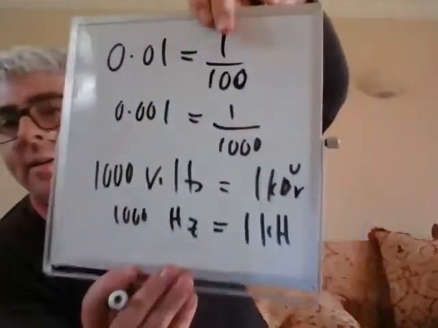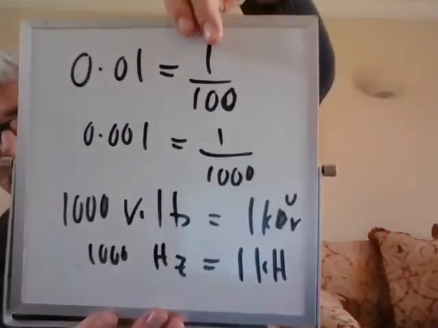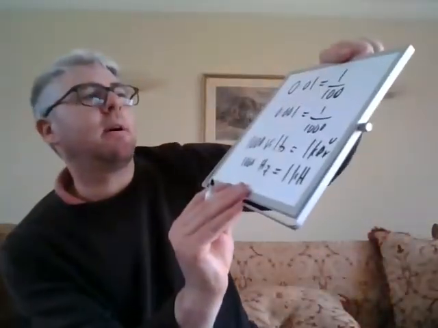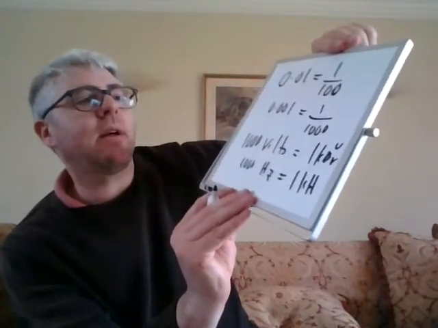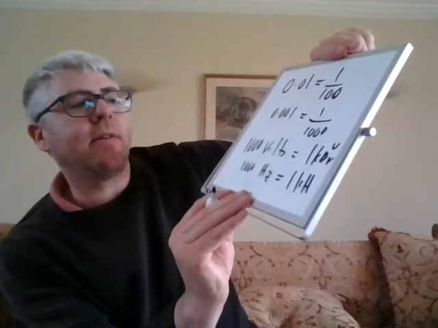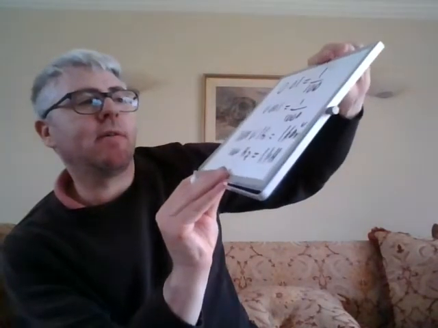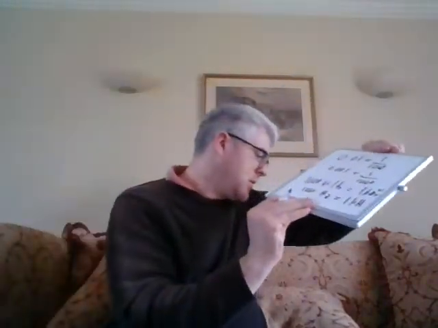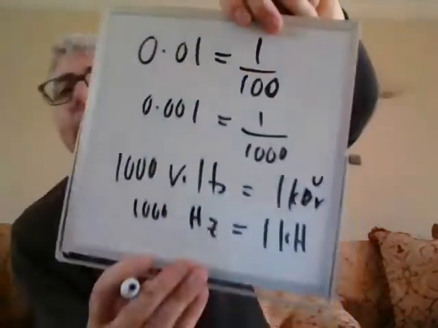So it's 0.01, 1 over 100, 3 noughts, 1 over 1,000. 1,000 volts is equal to 1 kilovolt. 1,000 hertz equals 1 kilohertz. Just want you to see it.